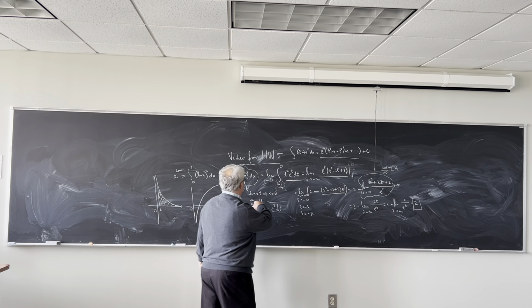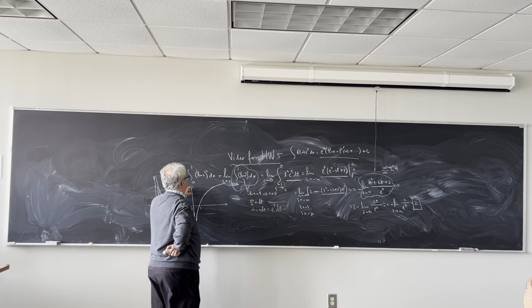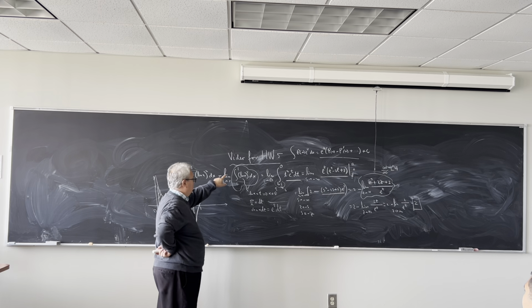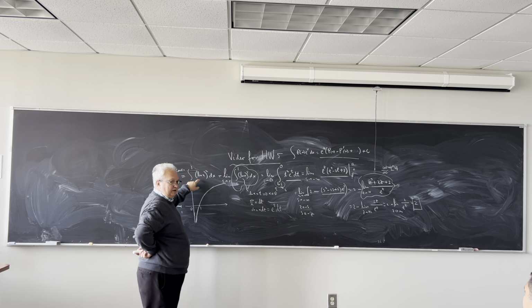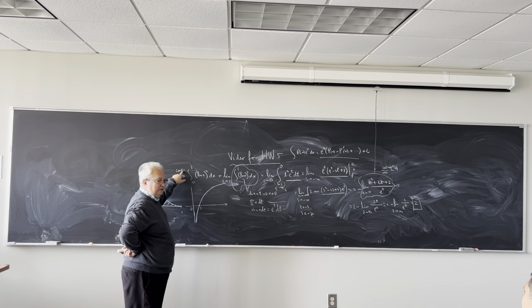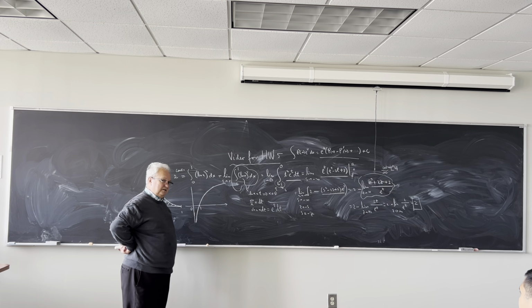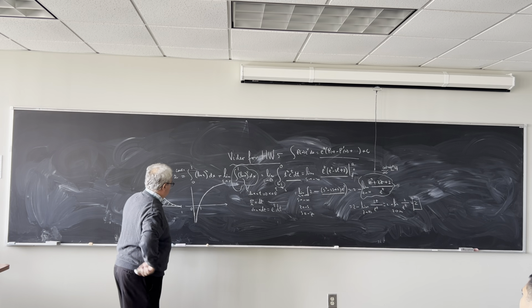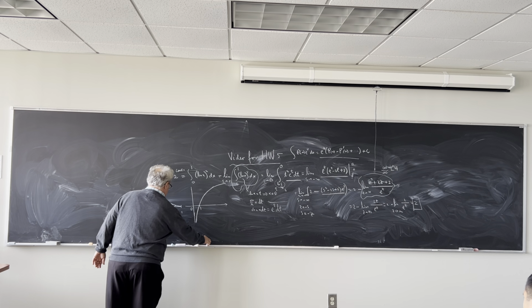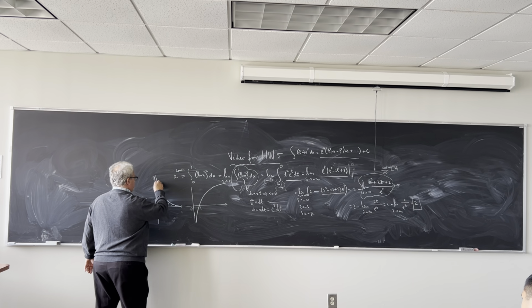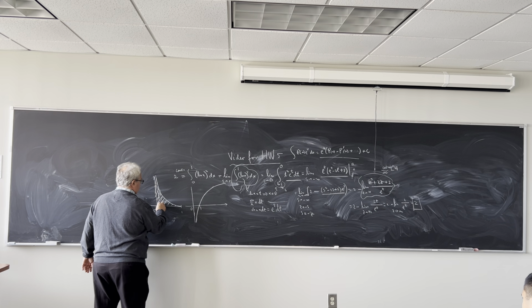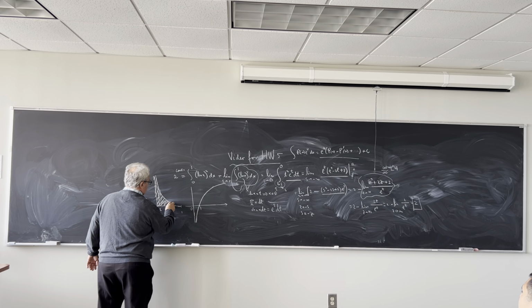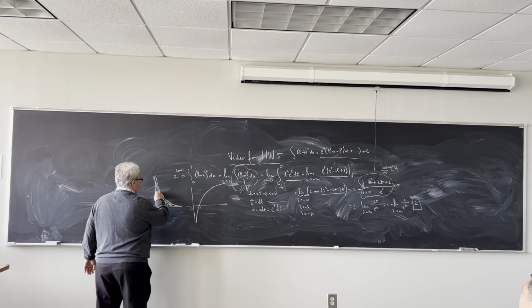Going back, this shows that this limit exists. That means this improper integral is convergent, and its value is 2. In terms of geometry, it means that the area under the graph adds up to 2.